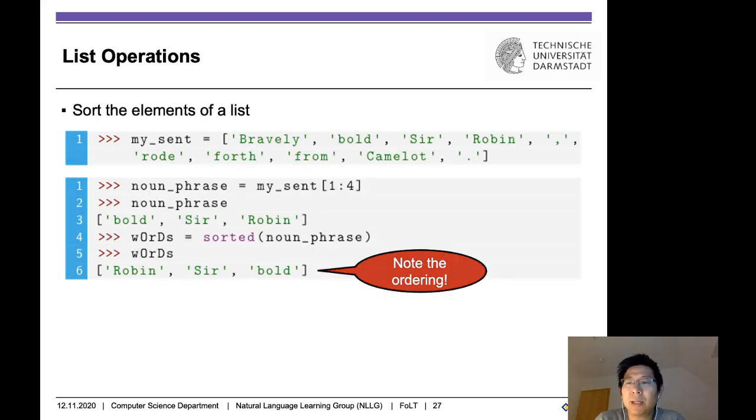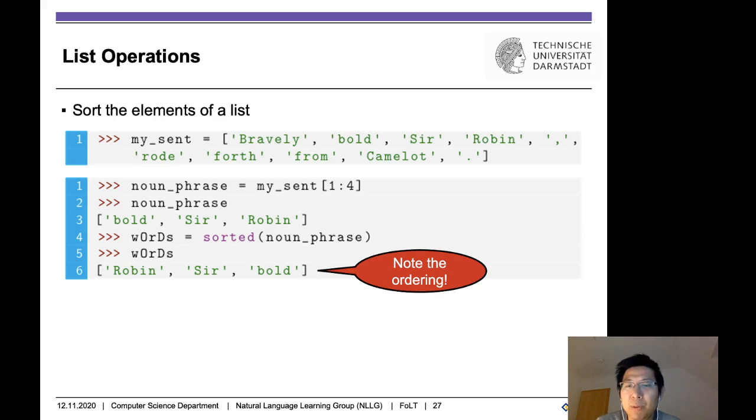And you can use Python to do a lot of other things. For example, you can sort a list using Python. Here you can sort "board", "Sir", and "Robin" using the sorted function. Notice that the default parameter for the sorted algorithm is ascending order for a given list.